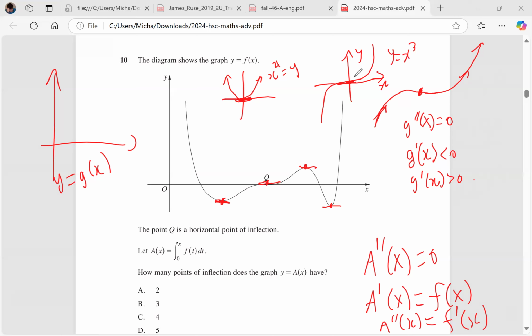So here the second derivative is 0. And the first derivative, I guess, is changing signs. So it's negative, it's positive here, and where is the first derivative changing signs? No. So it's this.